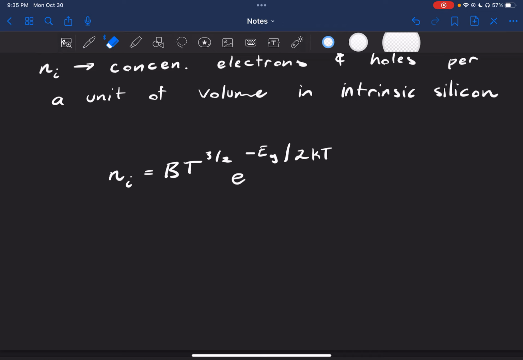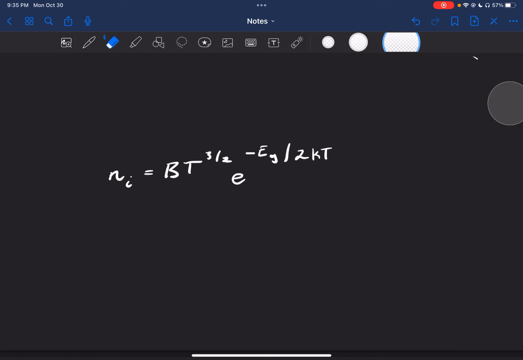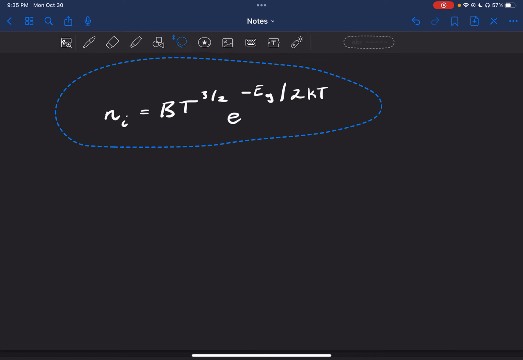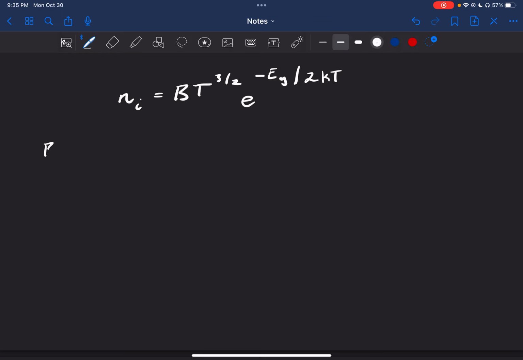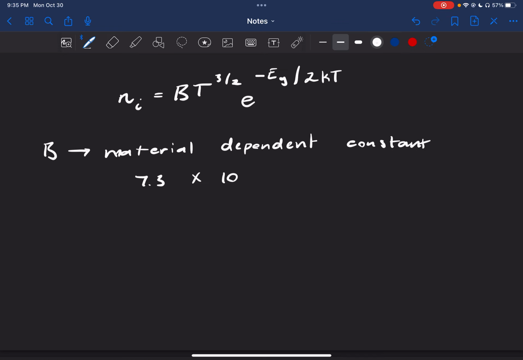B refers to a material dependent constant, and for intrinsic silicon, that is 7.3 times 10 to the 15 centimeters to the negative 3 Kelvin to the negative 3/2.